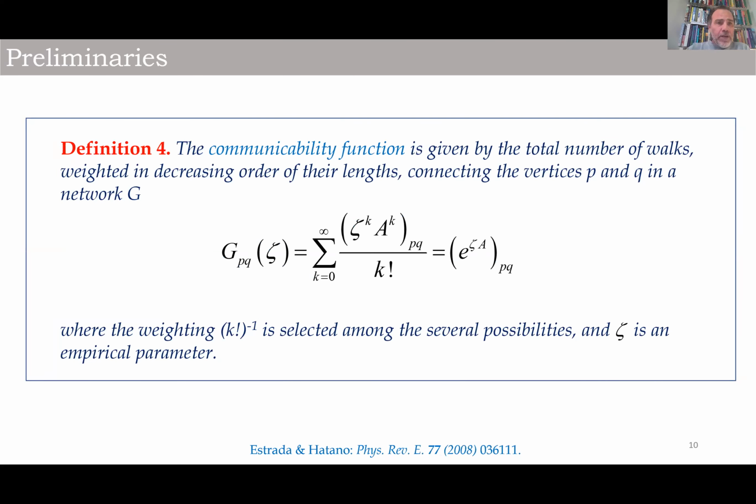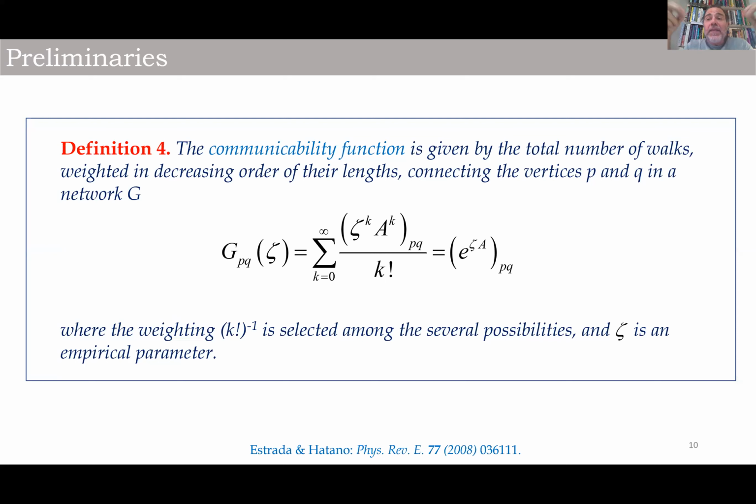So a few years ago, I introduced, together with my collaborator, Naomichi Hatano, the concept of a communicability function. Here the idea is that two vertices, two nodes in the network, are well communicated if there are many walks that go from one node to the other, independently of whether one of them could be the shortest path, because we give more weight to the shorter than to the longer walks.